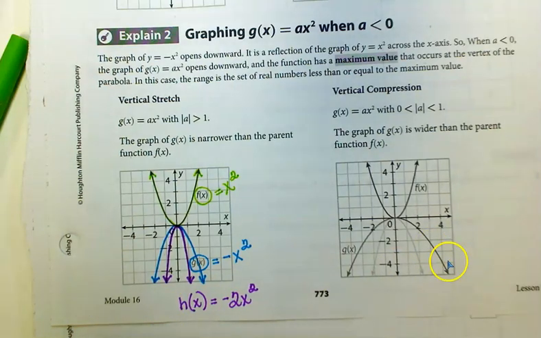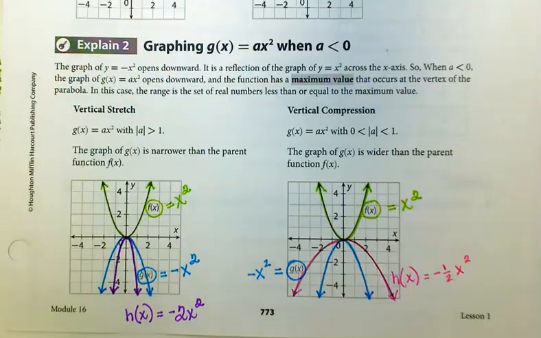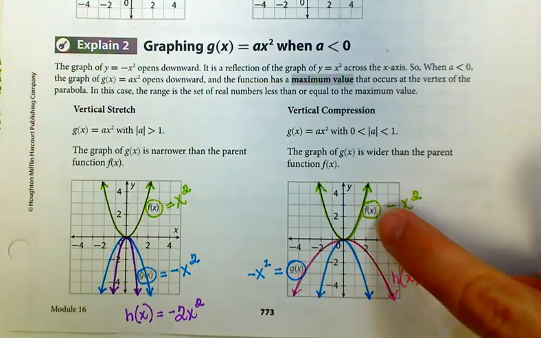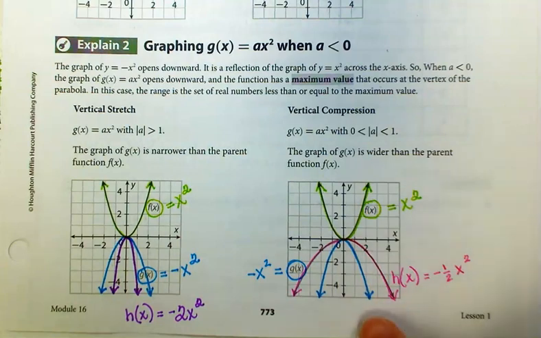All right, we're going to come over here and look at what happens when we go from our parent function to reflecting our parent function, but then compressing what we get after we reflect it. Okay, so again, we go from the parent function to a reflection.